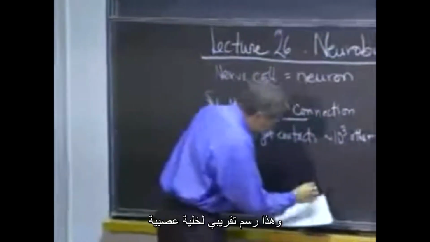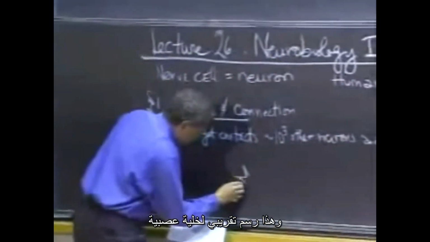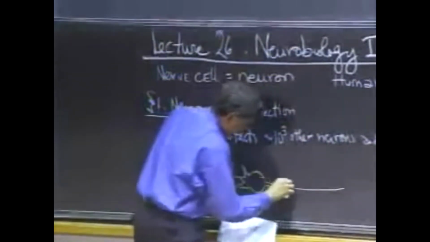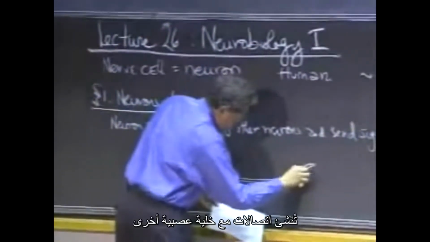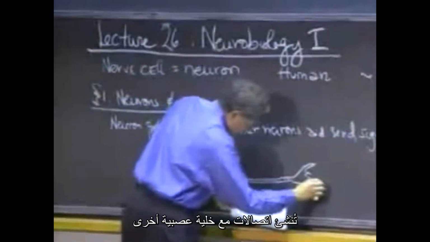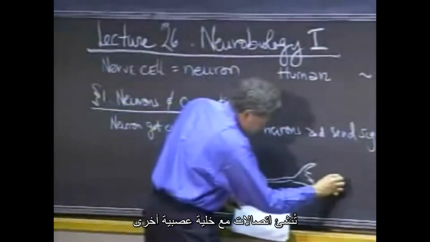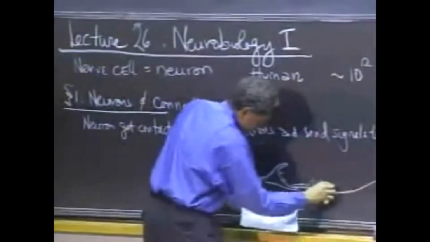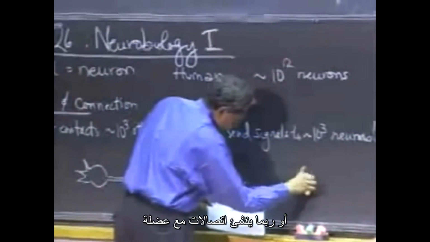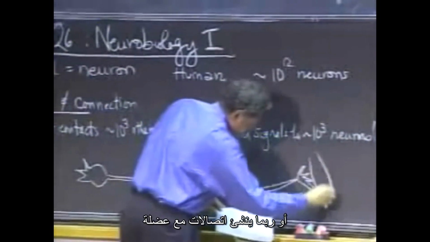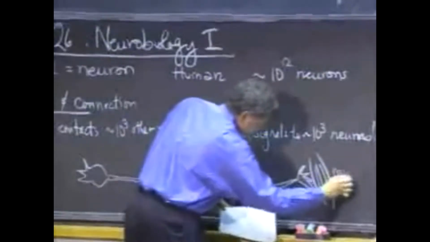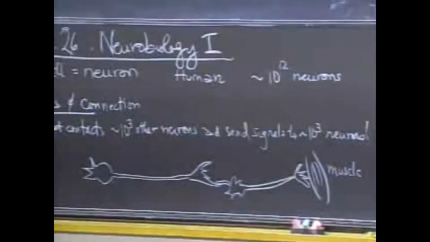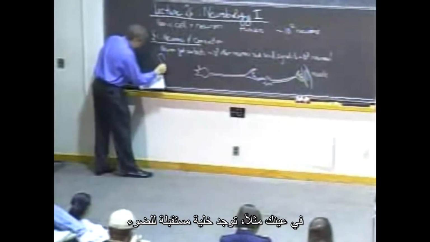Here's a kind of a picture of a nerve cell, making connections to another nerve cell, making connections to maybe a muscle. Oh, and what activates this nerve cell? Well, maybe in your eye we have a photoreceptor cell.